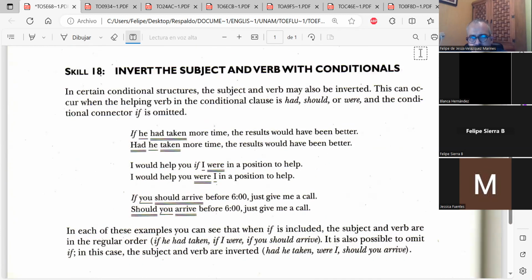Okay, invert the subject and verb with conditionals. When we have a conditional, remember that we have three kinds of conditionals: zero, first, second, and third.